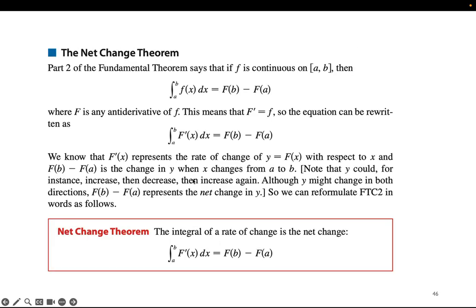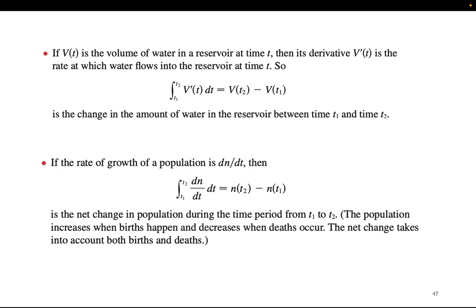It turns out that this is actually not going to be tested on your final. It's not even in the homework, but this is actually a very useful theorem. So for example, if you want to know the volume of water in some kind of tank, V of t, but let's say that V of t is unknown. We don't know the actual volume function, but we know the rate of change of the volume, how fast the water is entering your tank or your reservoir.